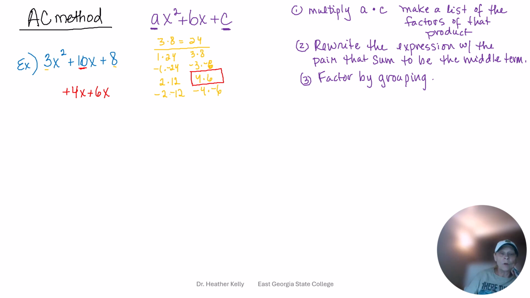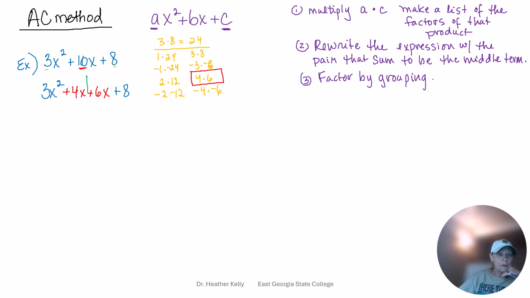It doesn't matter what order you write that in; I could have written the 6x first. And then I'm going to drop these next two pieces down. Notice I haven't changed the problem at all. I've just used some algebra trickery, and now we have a 4-piece problem we can factor by grouping.